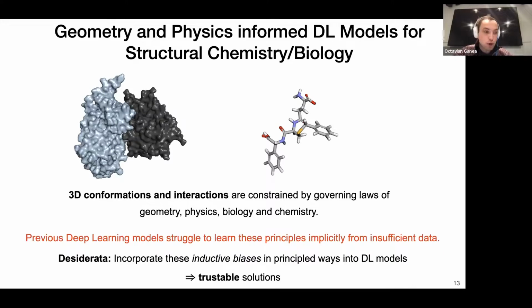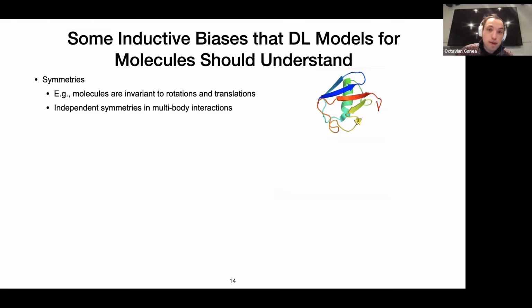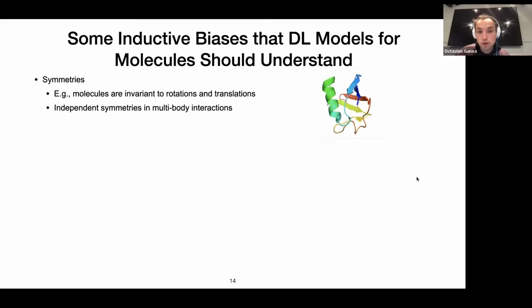If we take our models to industry, to pharmaceutical companies, we want to show that we incorporate some of the domain knowledge that is known for decades. Some examples of such inductive biases are shown here, but of course it's not exhaustive. It's just a set of small examples.